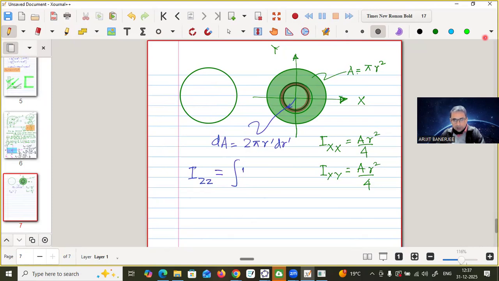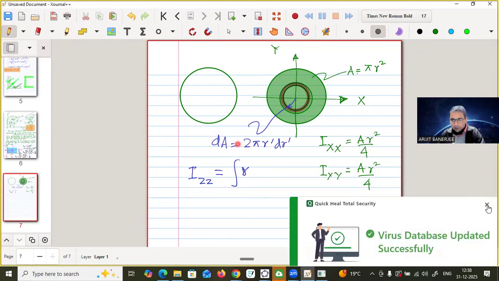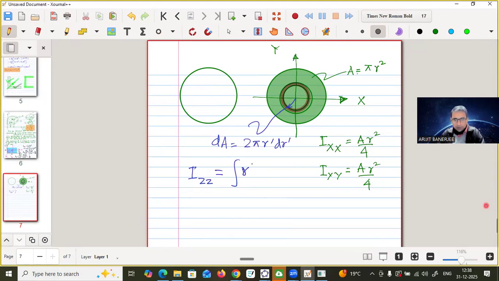The distance r prime square dA over the whole area. So r prime square, what is dA? dA is 2 pi r prime dr prime. What is the range? R prime varies from 0 to r.